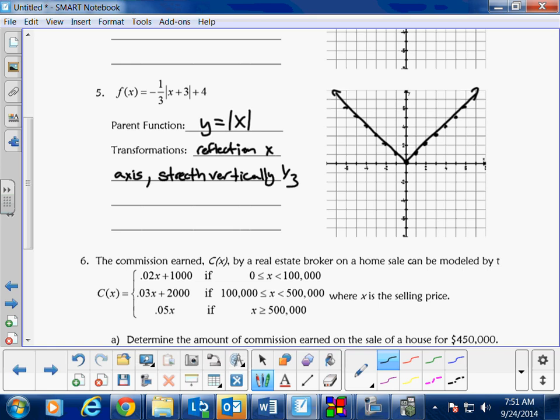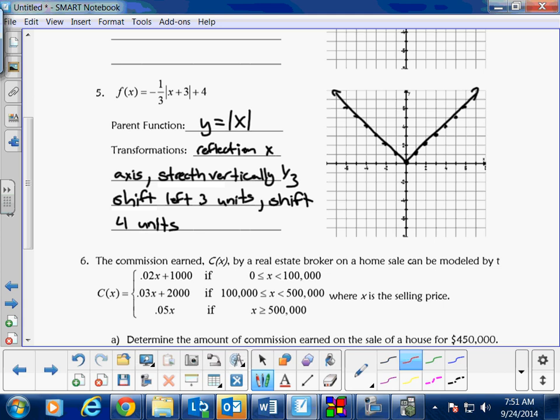We're going to have a shift to the left by 3 units. And we're also going to have a shift upwards by 4 units.